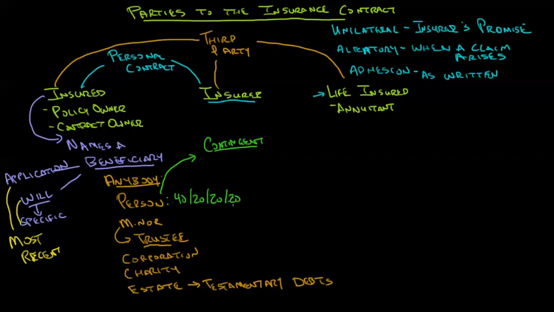But we have to acknowledge that it's possible that the couple could die in a common disaster. That is, they both die in the same accident. And then if that happens, where's that death benefit going to go? Well, that's where we might name a contingent beneficiary. And maybe what we're going to do here is name a trustee who's going to take care of their minor children. Now, it's quite common and generally wise to name a contingent beneficiary.